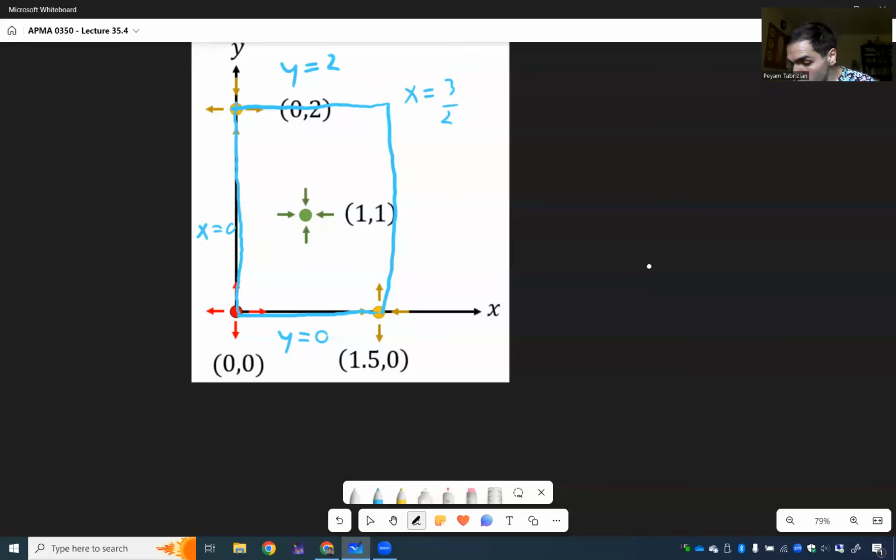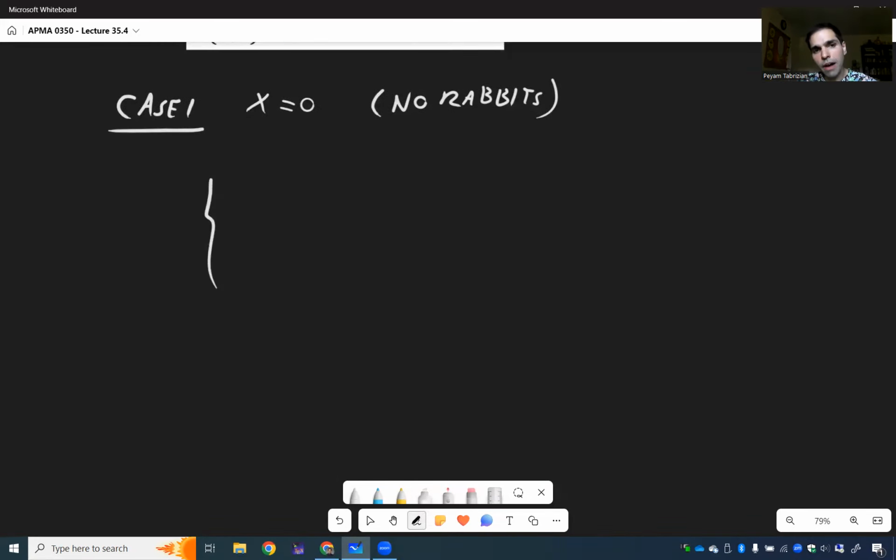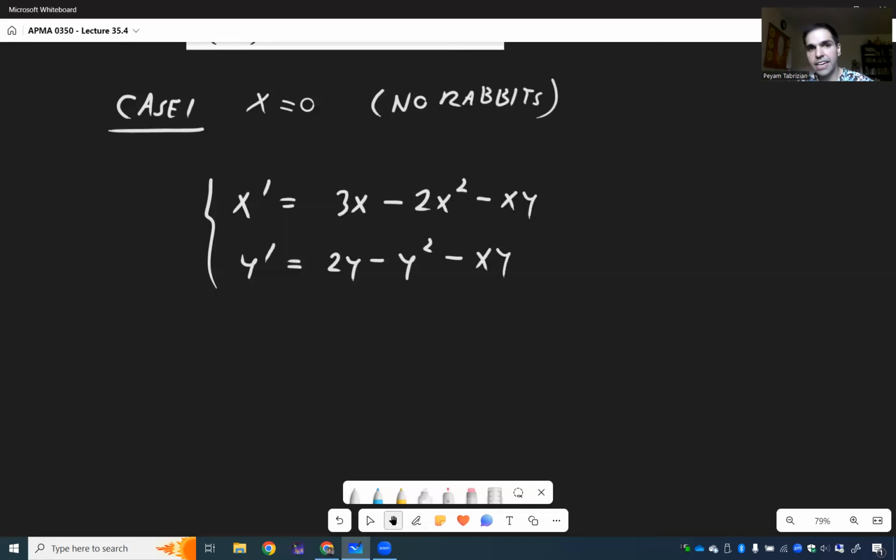Okay, so let's first of all do x equals 0, meaning there are no rabbits, and see what happens to our population model. So I'd like to remind you, our differential equation was x prime equals 3x minus 2x squared minus xy. Y prime is 2y minus y squared minus xy. Now, if x is 0, that's just a specific point, so we can still calculate x prime.